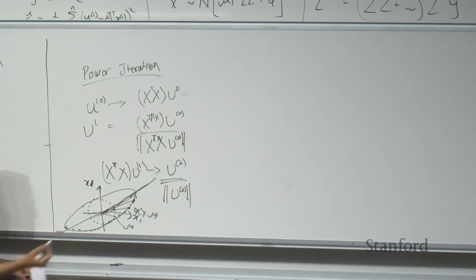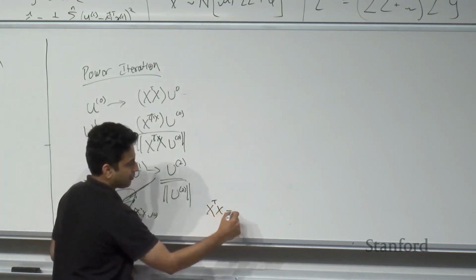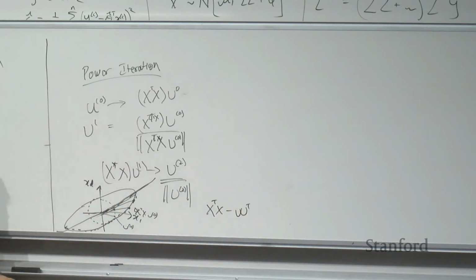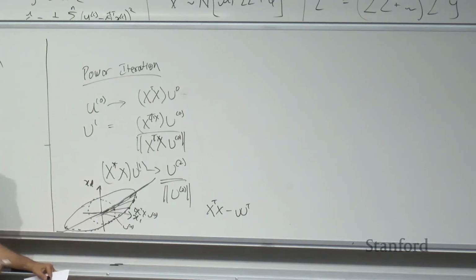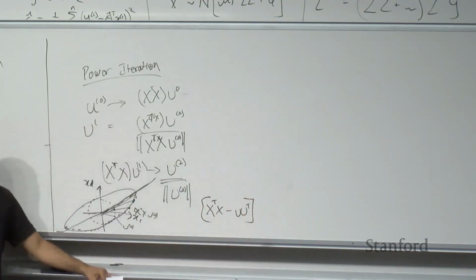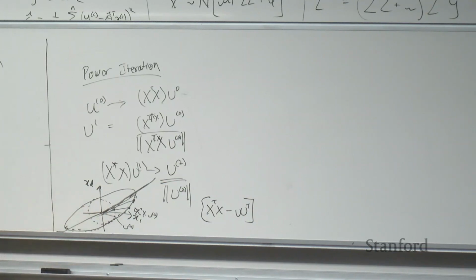Then you can take X transpose X, subtract from it u u transpose, and you get a matrix of one lower rank. Performing the same power iteration on this matrix recovers the next largest eigenvector, and so on. In practice, you usually do something like this when the number of dimensions is large.